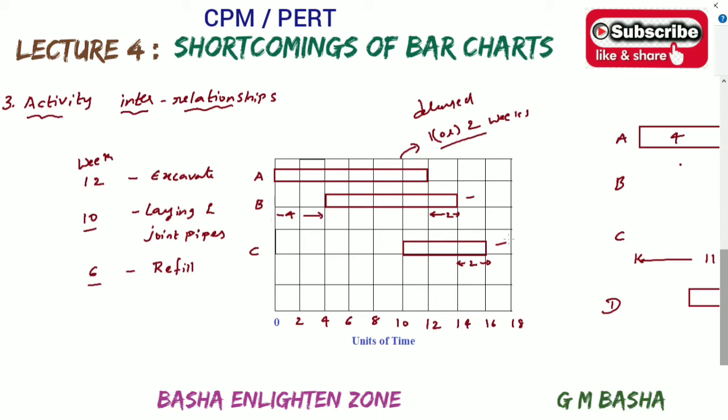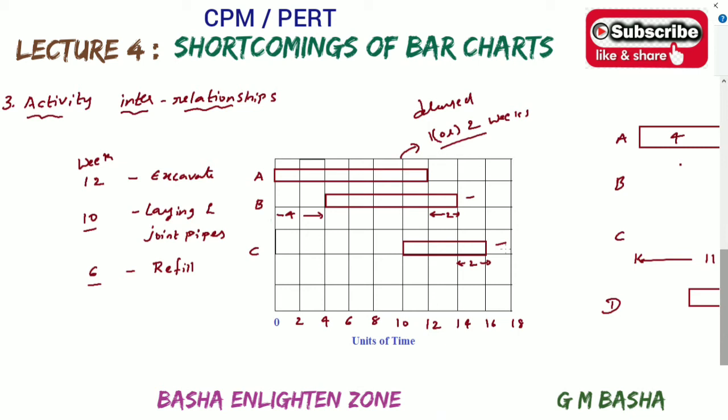So I already told you about activity interrelationships: whenever the project is delayed due to circumstances, it automatically affects the other activities also. Such interdependencies are not clearly mentioned in a particular bar chart. To overcome this, I am talking about the remedial measures.